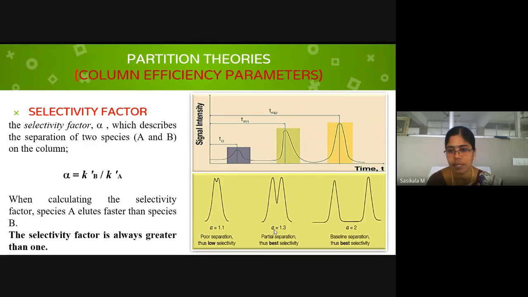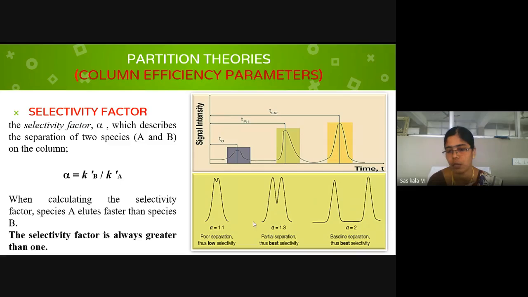Next is medium separation. No baseline separation is achieved, where the alpha value is 1.3, which shows partial separation, but not that much selectivity. We can't take this as complete retention time calculation. Next, to get the best selectivity and best separation, alpha value should be 2 or greater than 1.